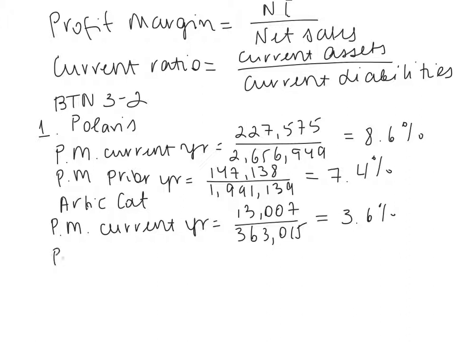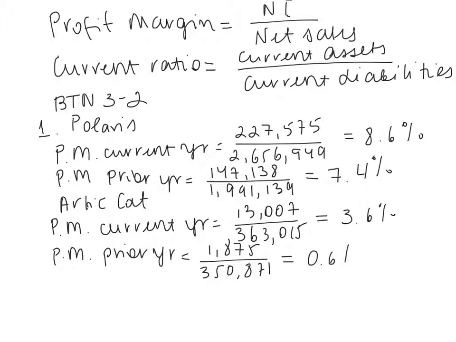And the profit margin for prior year is $1,875 in net income over $350,871 in net sales, which gives us 0.6%.